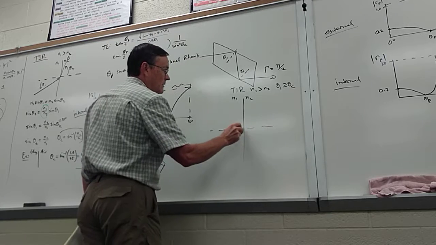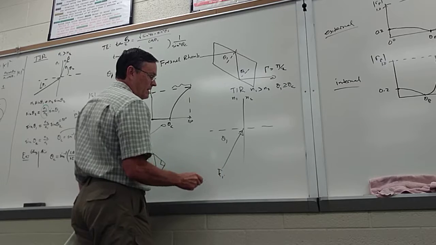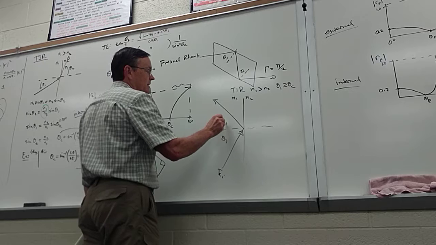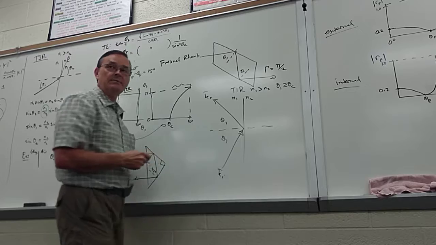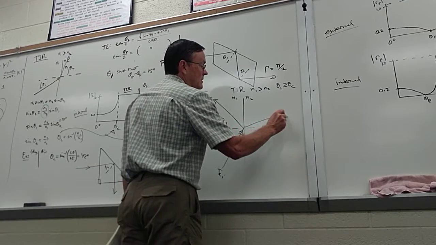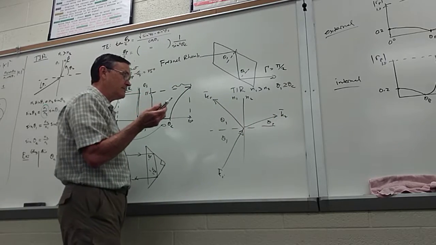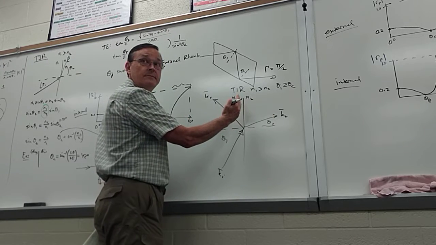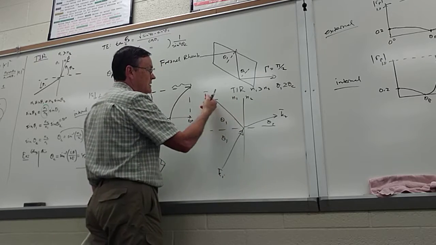Then the incident wave vector and the reflected wave vector, of course, are at the same angle, right? And then we have a transmitted wave vector at angle theta 2, but this is over here. And so we're saying all of the power coming in gets reflected.